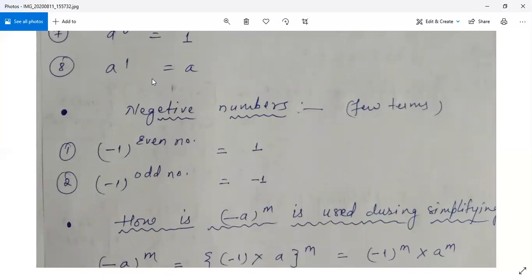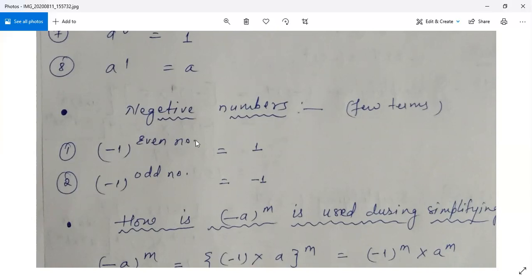So here we will know about a few terms regarding the negative ones. If the exponential power is given in negative form, then how can we simplify that and process it further? So for negative numbers, let us first know a few terms.